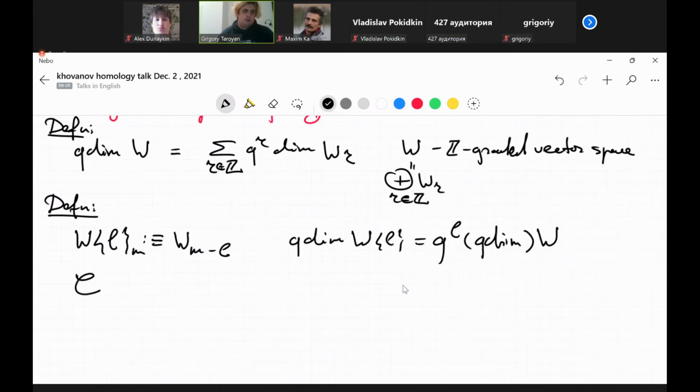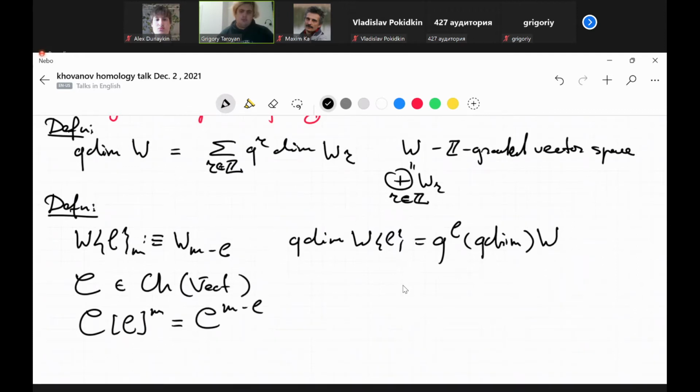So let's have C, which is a chain complex of vector spaces. And the horizontal shift looks like this. So we have cohomological grading here.